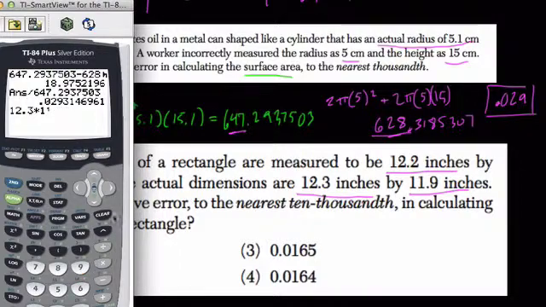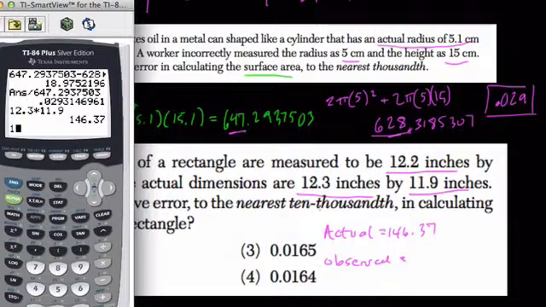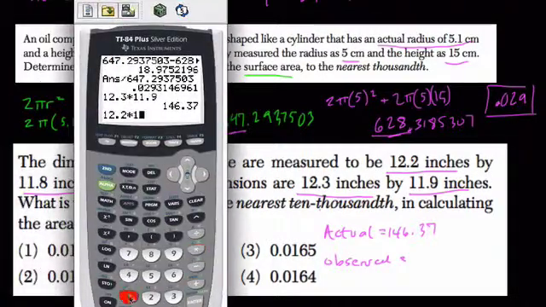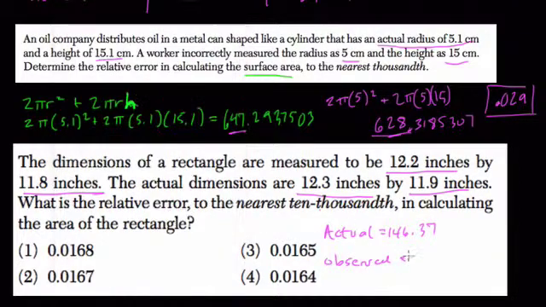This is the actual area, 146.37. What is the observed? The observed is 12.2 times 11.8. Okay, 143.96.